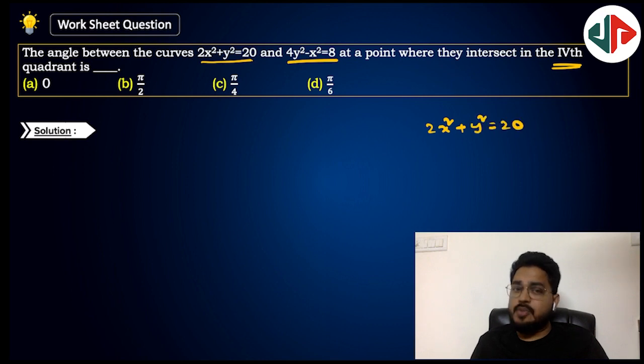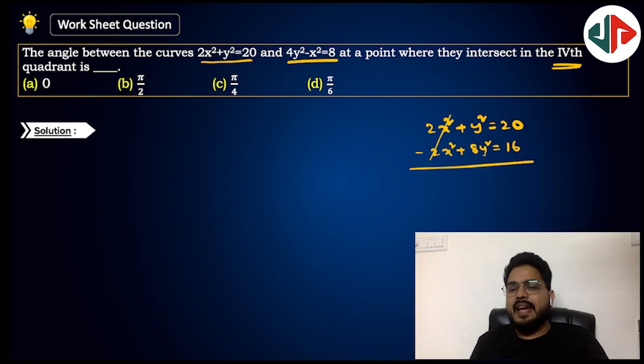First step, what are we supposed to do? Find the angle between them. Multiply the other equation by 2: minus 2x square plus 8y square is equal to 60. Adding, 9y square is equal to 36.